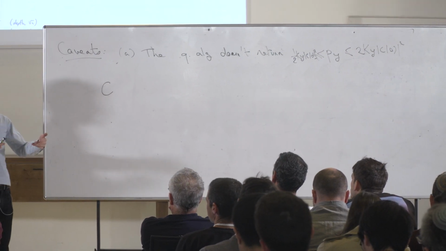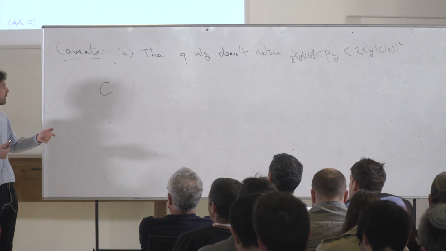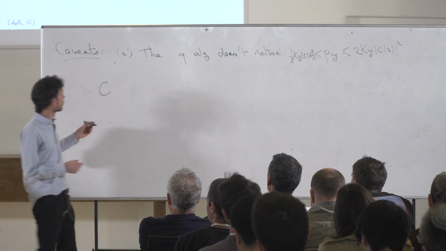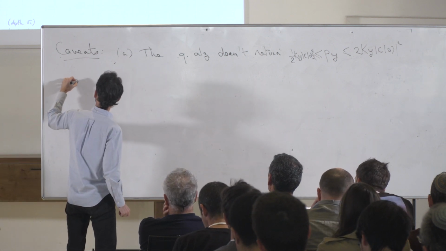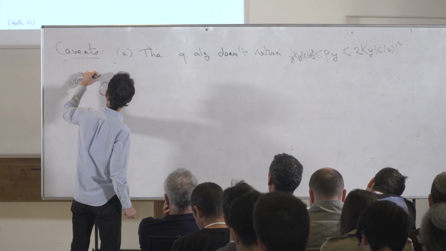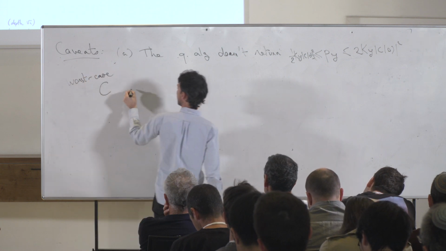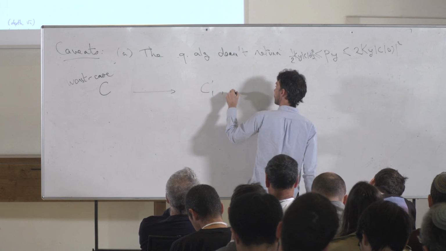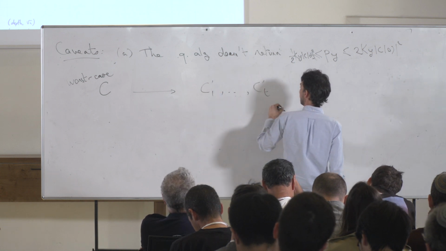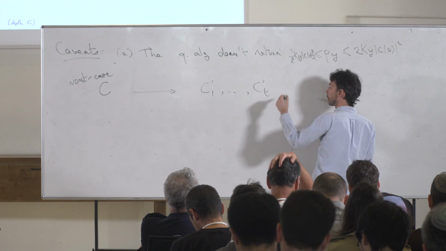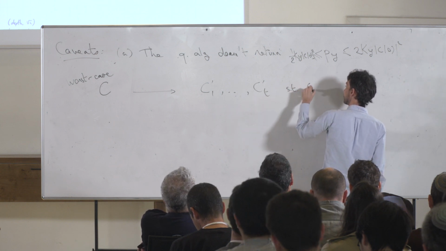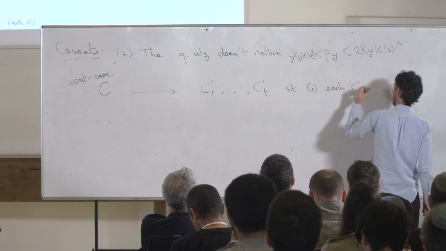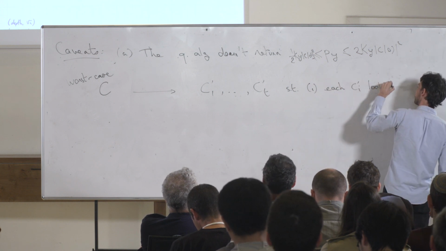I'm going to try to use the fact that it's easy for a random C in order to solve it for an arbitrary C. So what I'm going to do is take this C. This is a worst case C, so there's really nothing special about it. Someone handed it to me. And then I'm going to generate a bunch of other C's, let's call them C prime 1 through C prime T. These are other circuits, but such that two properties hold, first of all, each C prime i looks random, or is random.